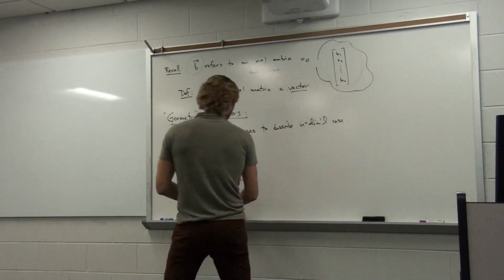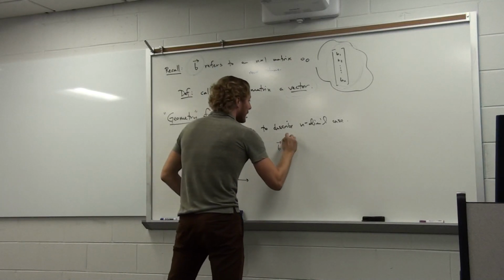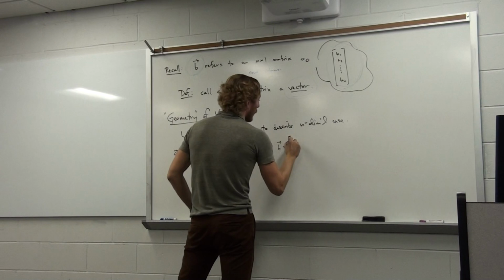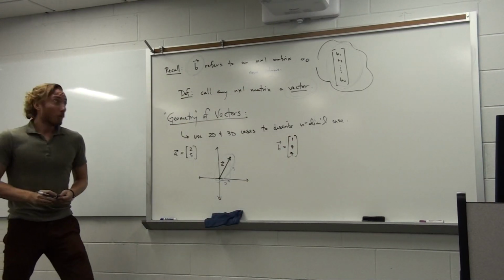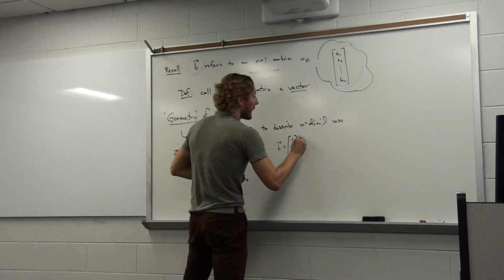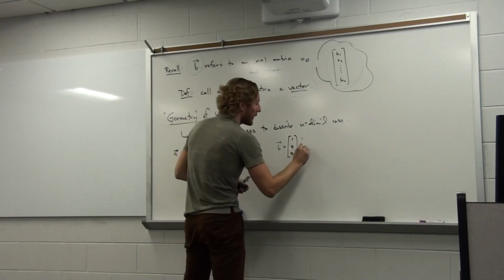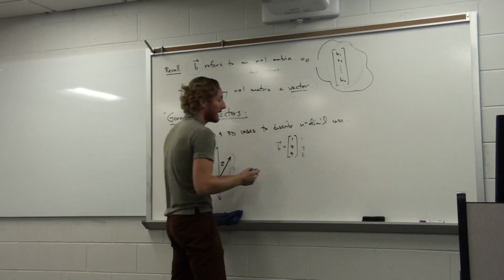Correspondingly, if you had a vector, let's call it b, associated with 1, 4, 7, we could look at this in three-dimensional space, where the 1 corresponds to the x-axis position, the 4 to the y-axis, and the 7 to the z-axis.